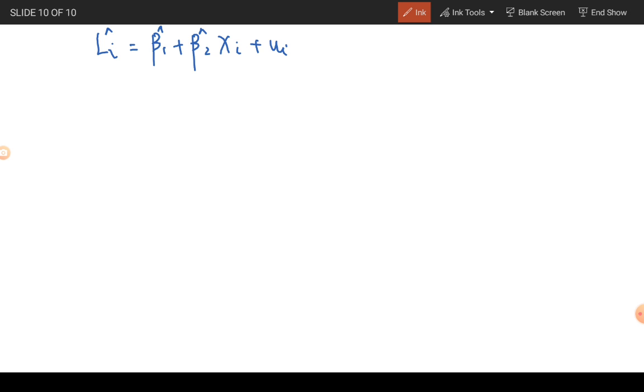In particular, our error term ui will follow a binomial distribution rather than a normal one.